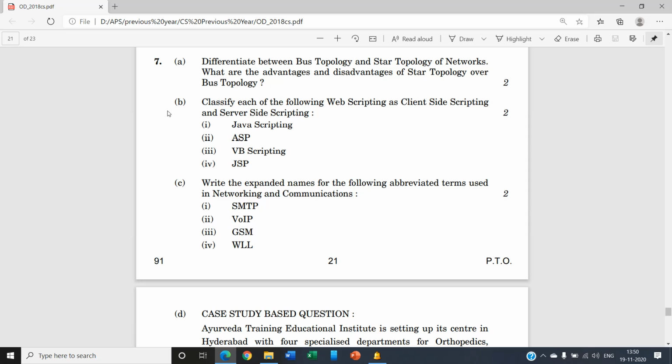Now, what is the explanation for this? In a bus topology all the clients are connected to the central backbone, so everybody will use it. That means you have to share the bandwidth, and this will reduce the efficiency of the network. But this is not the case in the star topology. So star topology is more efficient than the bus topology.